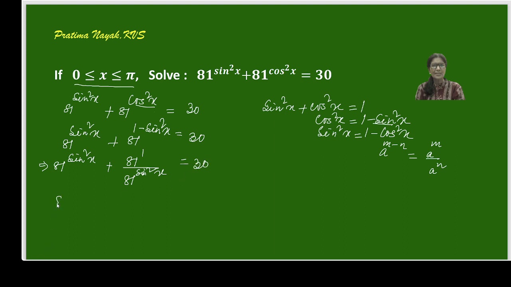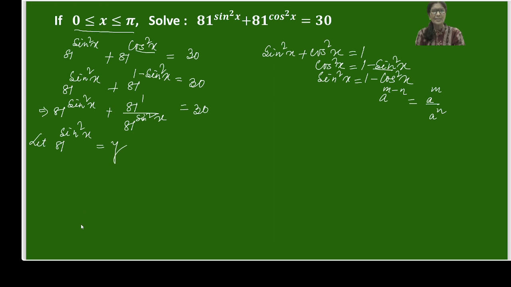So 81 raised to the power sine square x, let me take as y. Let this be y. Then the equation can be represented as y plus 81 over y is equal to 30.